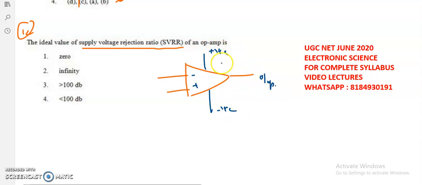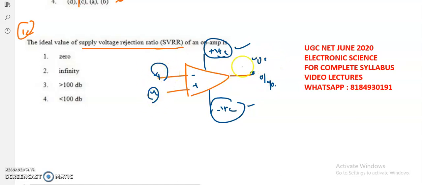Out of these pins, the power supplies are the positive supply and the negative supply, right? The output voltage has to change based only on the input voltages, and it should not change based on these power supplies. But in an operational amplifier, if the power supplies change, it affects the output voltage.